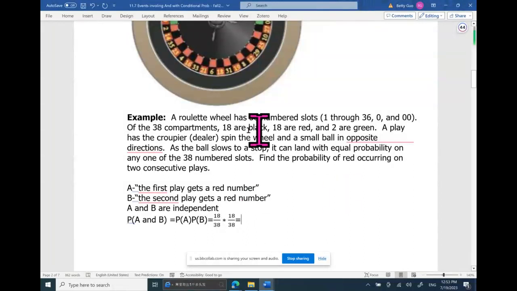Since the problem doesn't give extra information saying the first result would affect the second result, that's how I make my assumption. So it would be 18 over 38 times 18 over 38, and you figure out the result by yourself, okay?